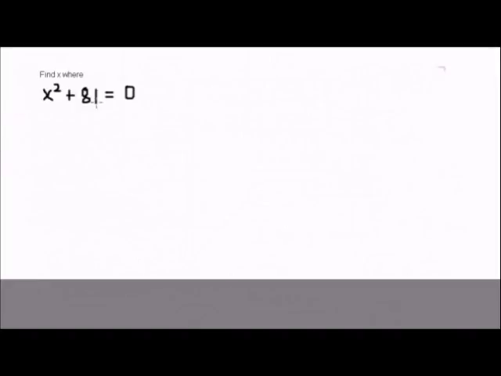Find x where x squared plus 81 equals 0. That's pretty easy. I carried over the 81, so x squared equals minus 81. Then I take the square root of both sides. Remember that you have to put plus minus when you take the square root of both sides, and then you get root minus 81.